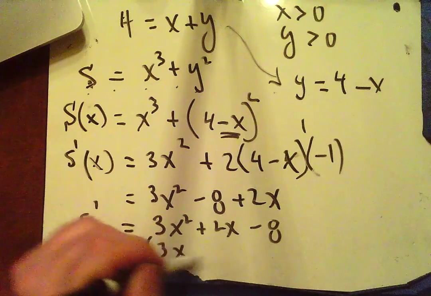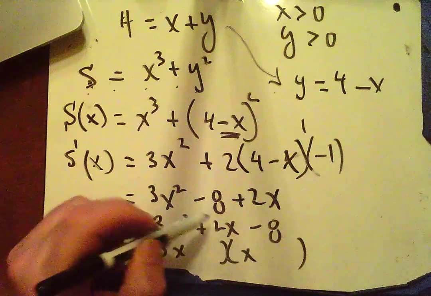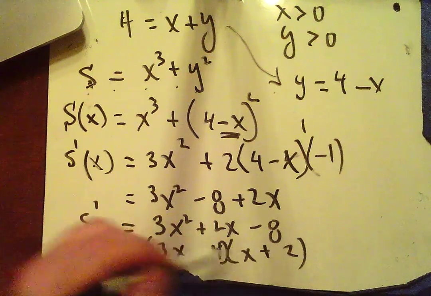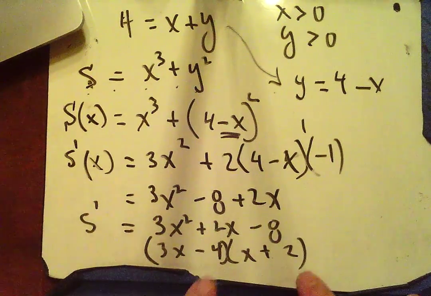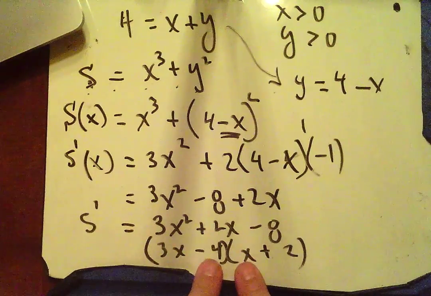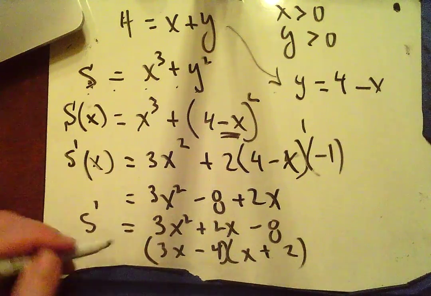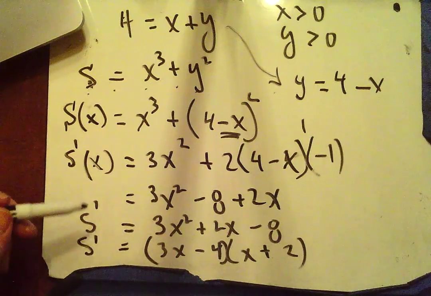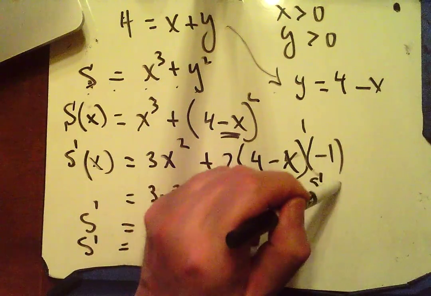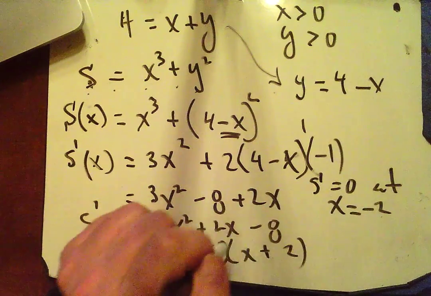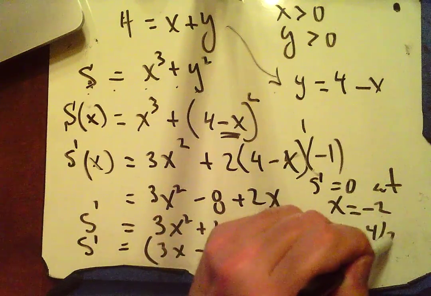Well, let's see, 3x, x, 2, and 4, and this is going to be a plus and a minus. I think that works. There's minus 8, negative 4 plus 6, positive 2, and there's my 3x squared. Nice. So there's s prime. I know that s prime equals 0 at x equals negative 2 and x equals 4 thirds.